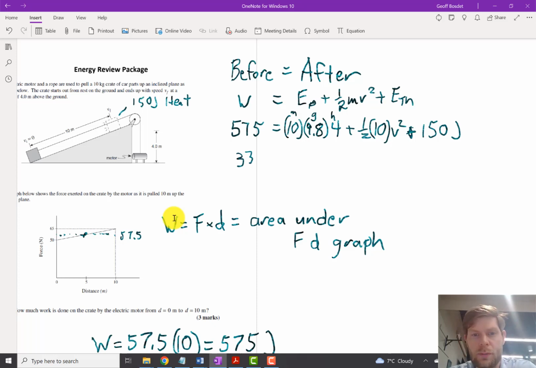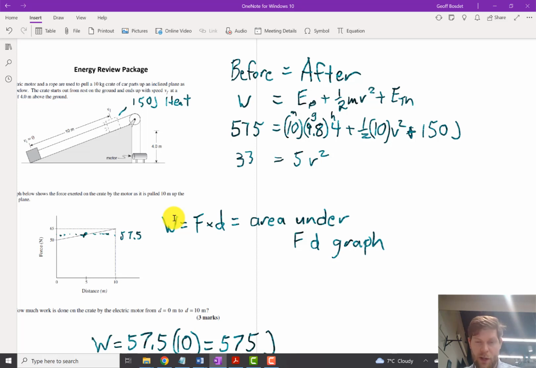Yeah, sounds about right. Equals 5v squared, I think. Maybe I should actually use a calculator. That might be smart. So we have 575 minus 150 minus 392. Yeah, it's 33.